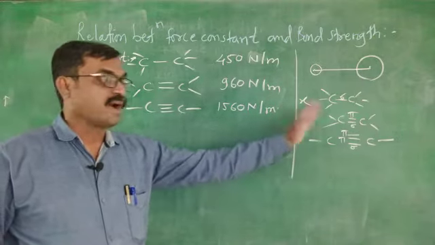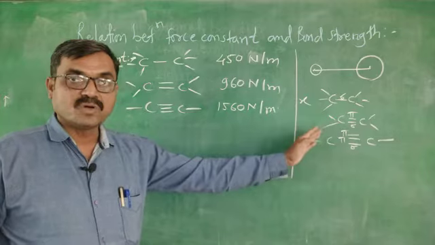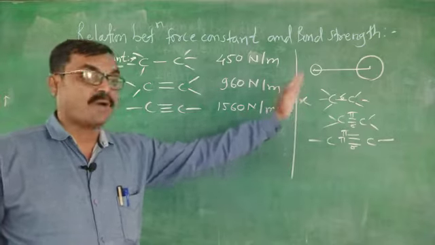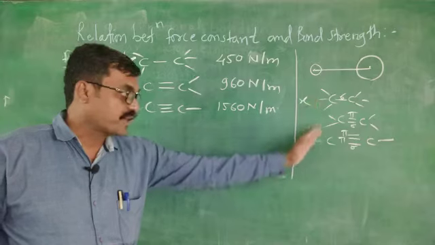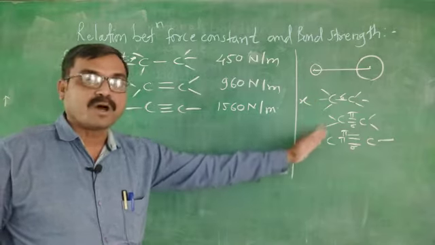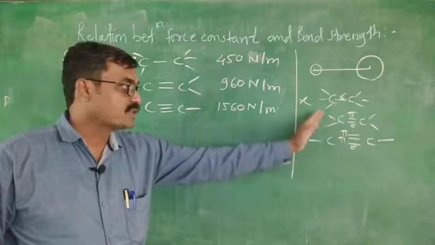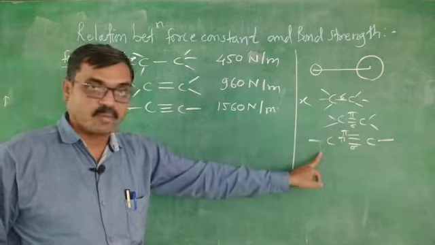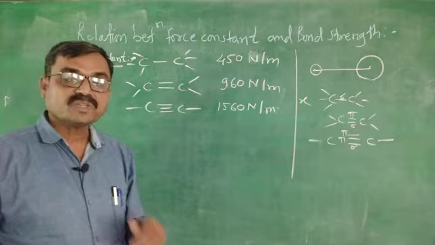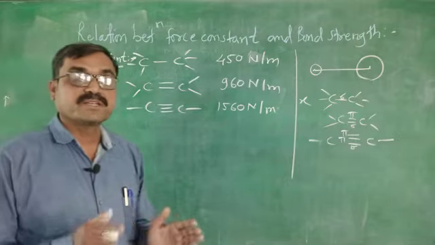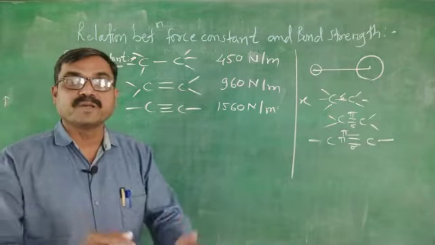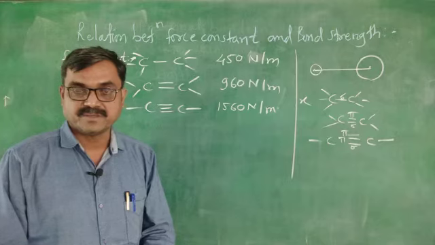Now why is this so? Because of the increase in the bond strength. Why does bond strength increase? Because bond order increases, the number of bonds increases. That's why bond strength increases from top to bottom here. Now you know the force constant is the restoring force per unit displacement.